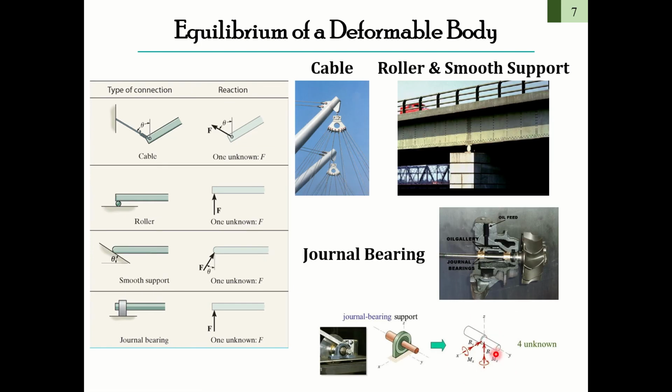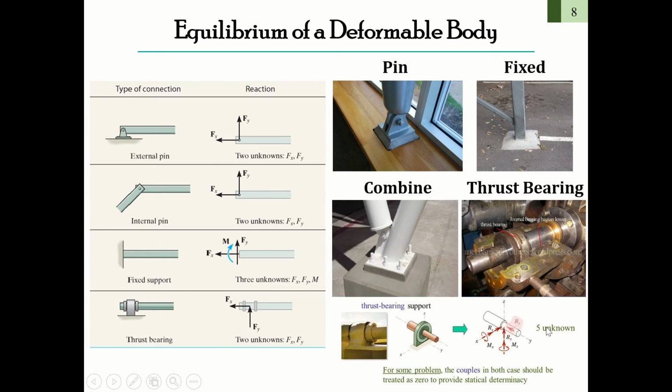The difference is that the journal bearing doesn't have Ry, so you don't calculate Ry, but in the thrust bearing you have to calculate it. For some problems, the couple in both cases will be treated as zero to provide statical determinacy.